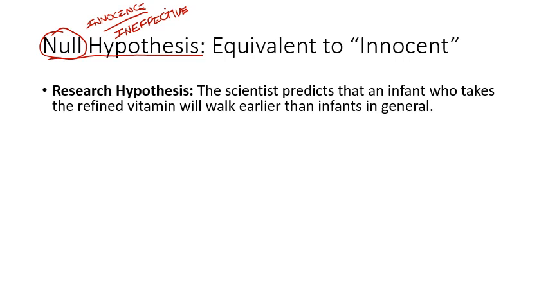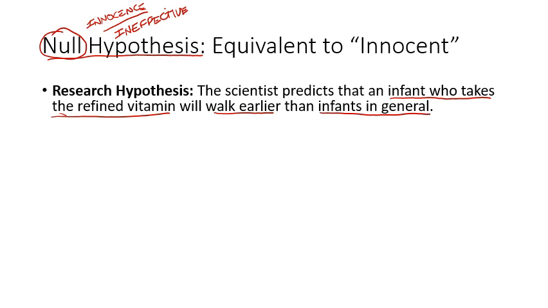So we might begin thinking about this by thinking about what the scientist who has the medicine, or the scientist who thought that the refined vitamin would be helpful. The research hypothesis would be this prediction. The scientist predicts that an infant who takes the refined vitamin will walk earlier than infants in general.